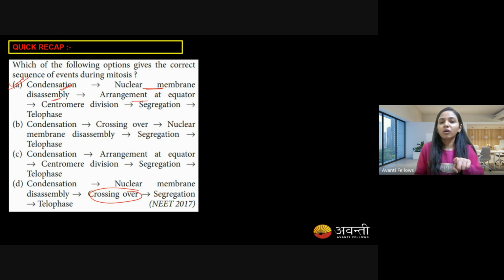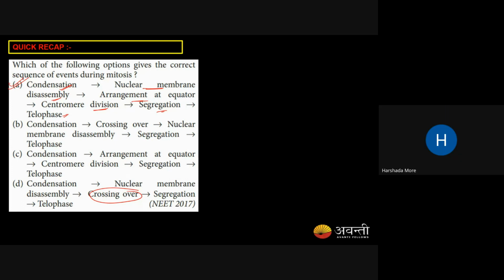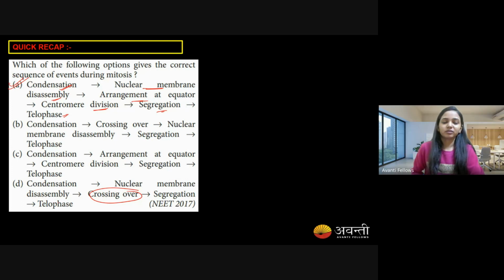In metaphase, all chromosomes get at the equator at the metaphase plate, and then the centromere splits, chromosomes separate and move to the opposite pole, and the last phase is telophase. Right or not? Agree? Why the correct answer should be A? Very good.